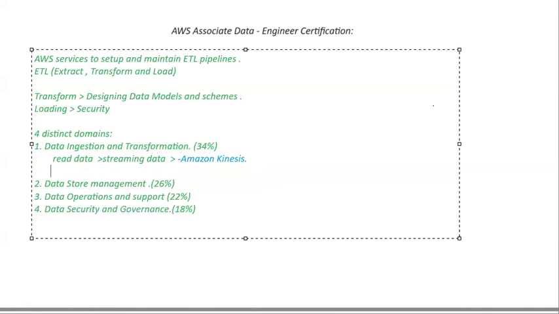Since this is data ingestion and transformation, first you need to read the data. If your data is streaming data, then by using the Amazon Kinesis service, you can read it.